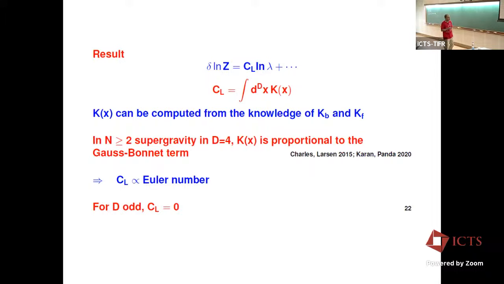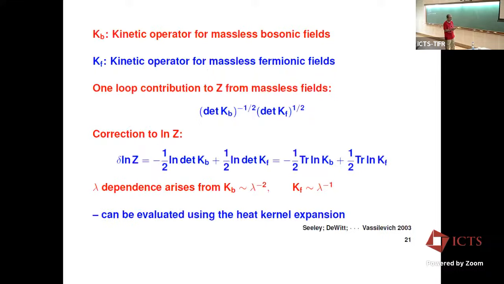Okay. So the result can be written this way. Oh, I should have said this, that there is a standard procedure for computing this, and that's called the heat kernel expansion. I'll not describe the method, but I'll just give the form of the result that one gets.